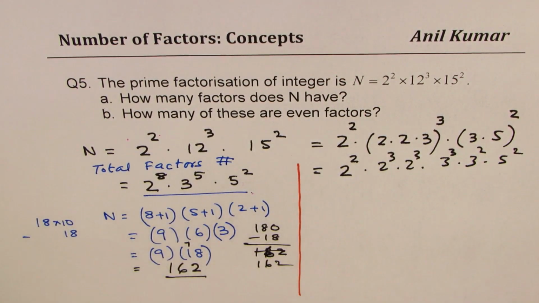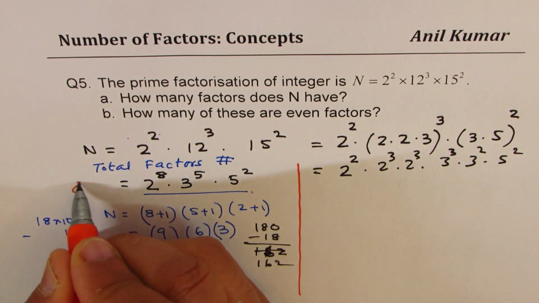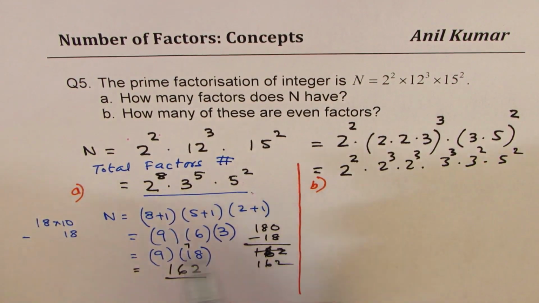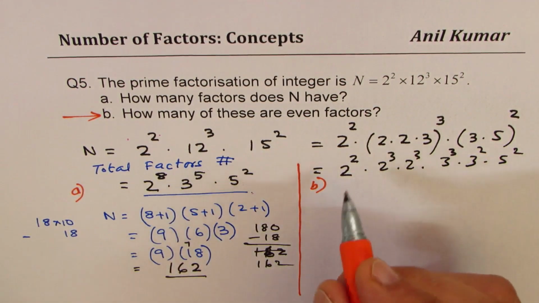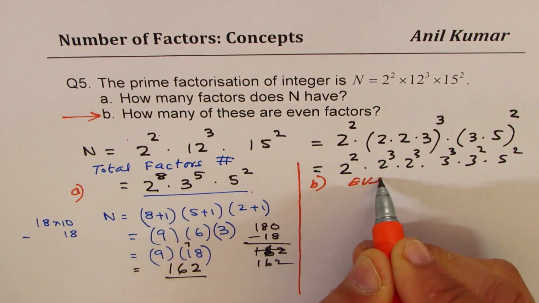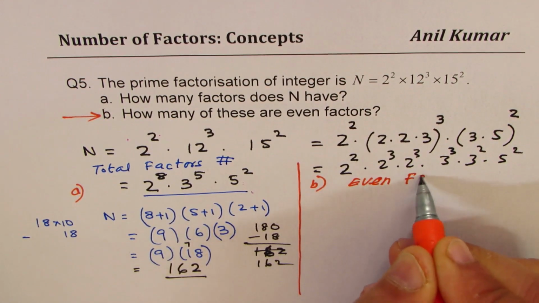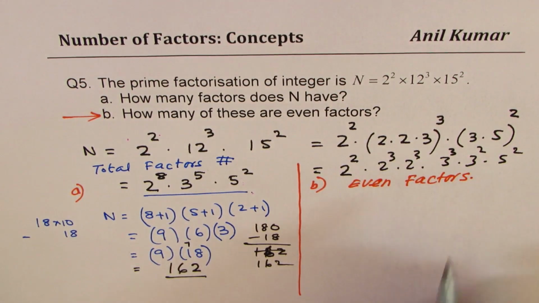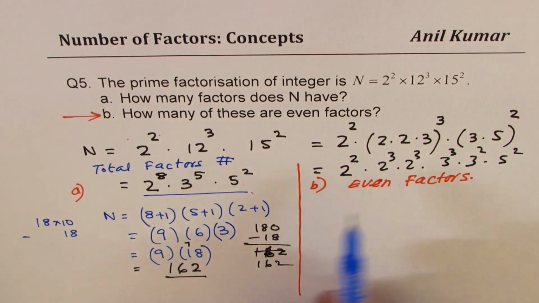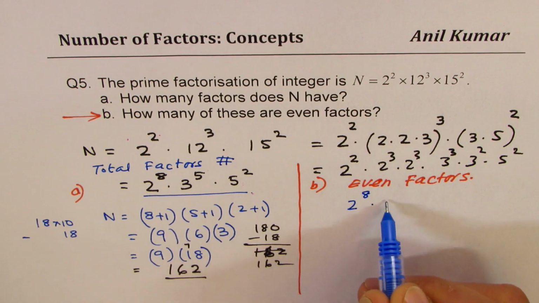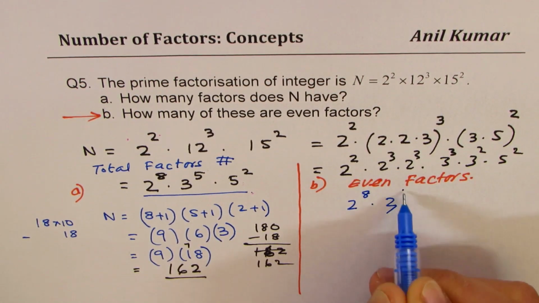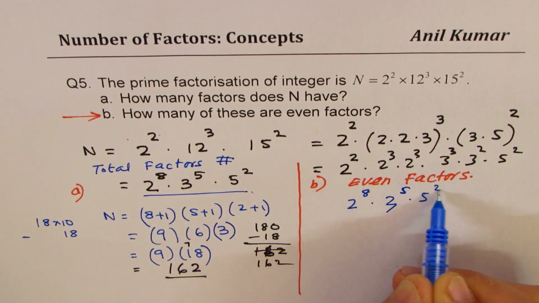Now this is part A. I'm kind of exhausted by this time. Now B. How many of these are even factors? So let's write down even factors now. To find even factors, we have this number, 2 to the power of 8 times 3 to the power of 5 times 5 square.